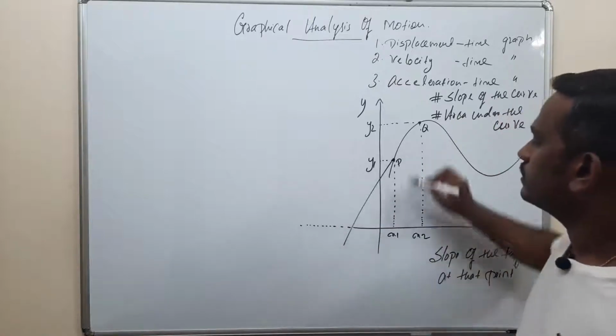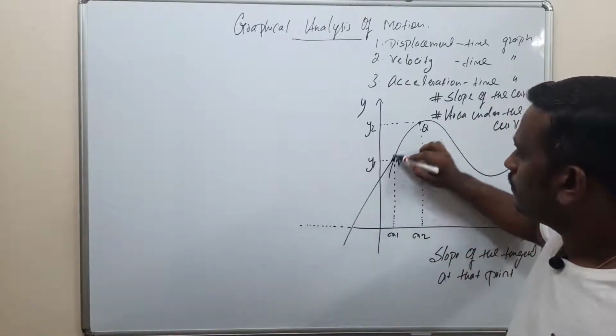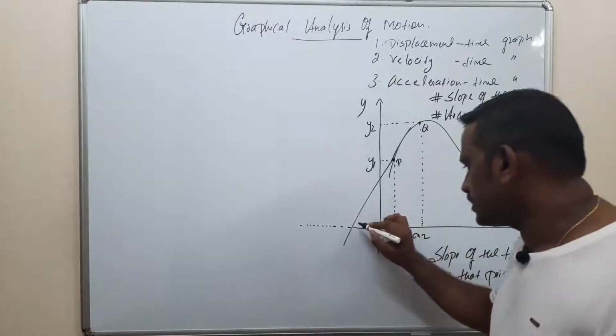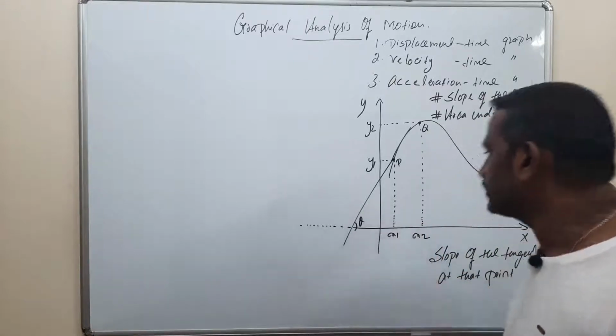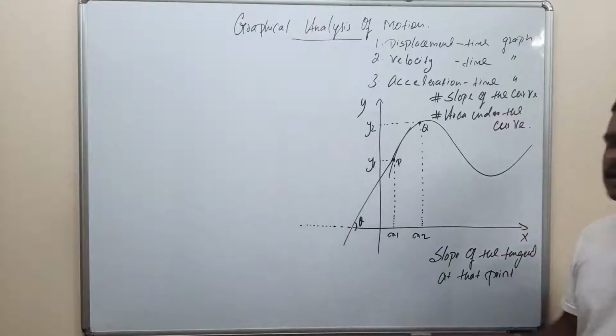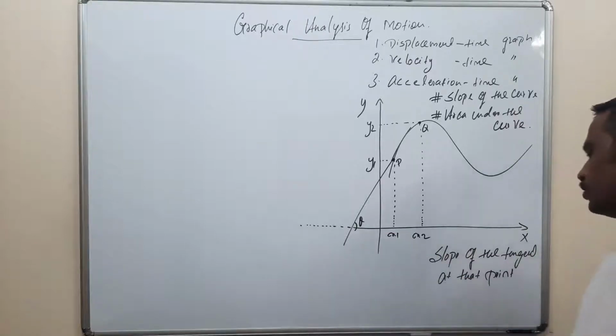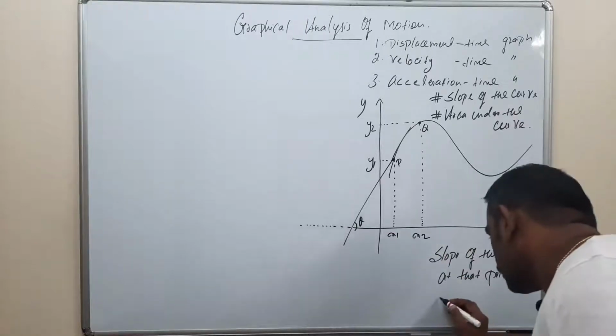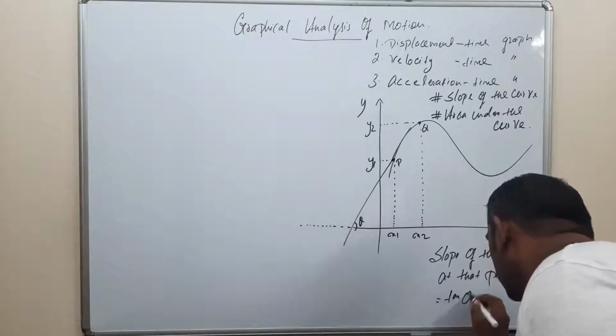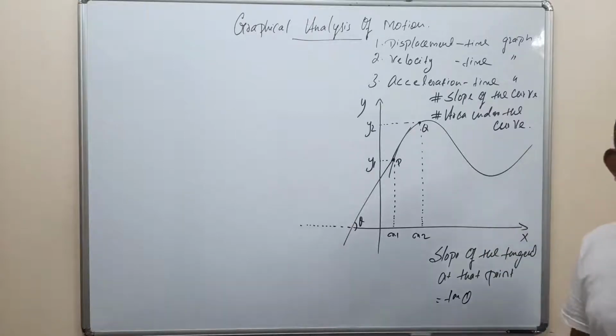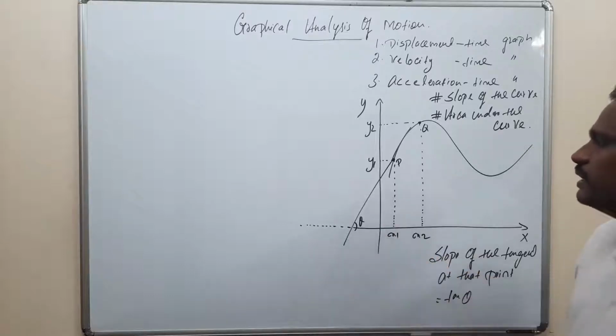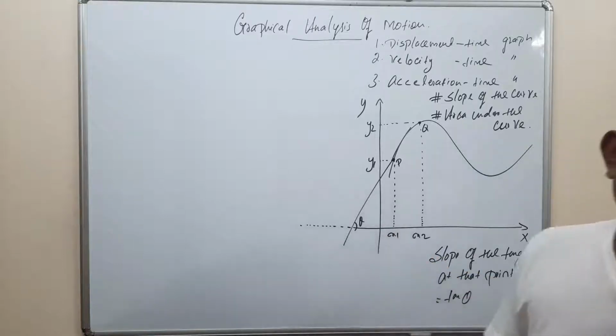This tangent makes an angle theta with the horizontal x-axis. The slope of the tangent is equal to tan theta, where theta is the angle made by the tangent with the horizontal x-axis.